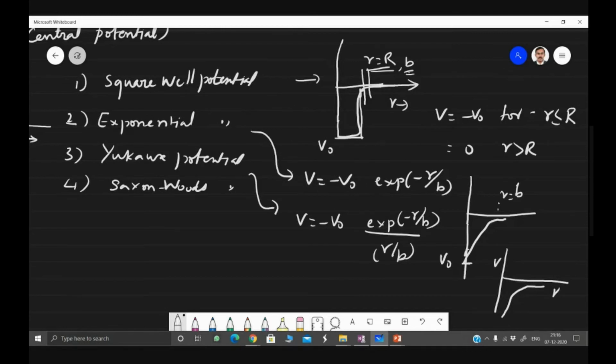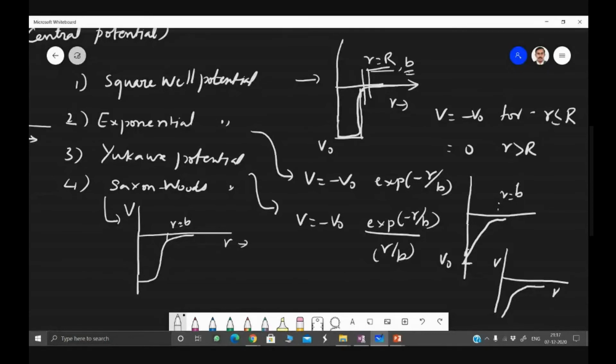And Saxon-Woods potential has a form something similar to an admixture of oscillator and square wave potential. So it will have a structure something like this and it approaches zero. So we have V and we have r here. So this is a finite potential and this is where r is equal to b or capital R, the boundary beyond which the potential becomes zero.